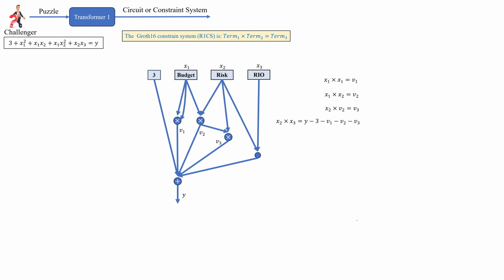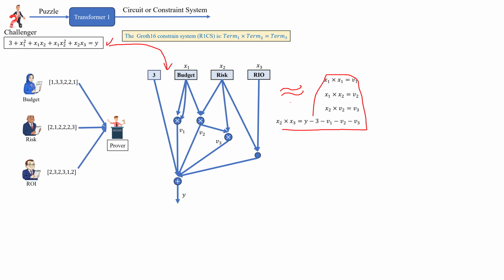So this is the puzzle, and the puzzle is converted into a valid circuit or a list of constraints. These two are equivalent to each other, right? Okay, now we want to run the next step, which is converting the constraint system into matrix.